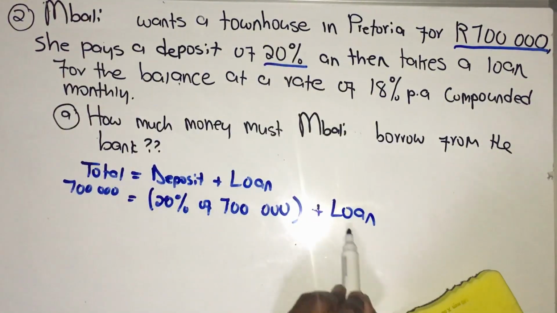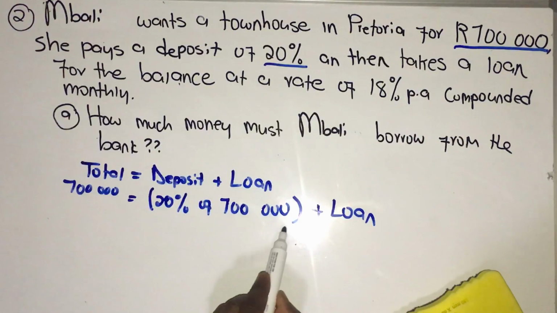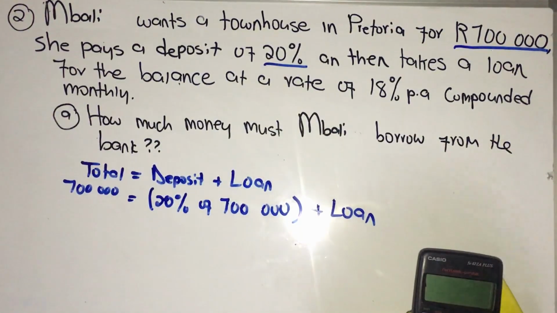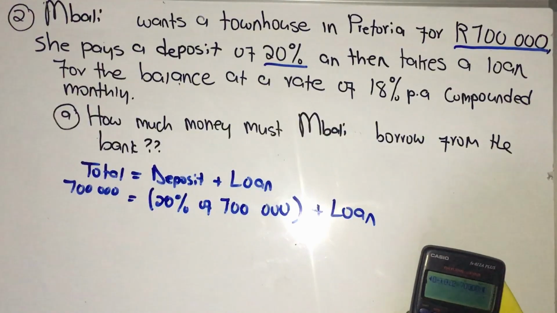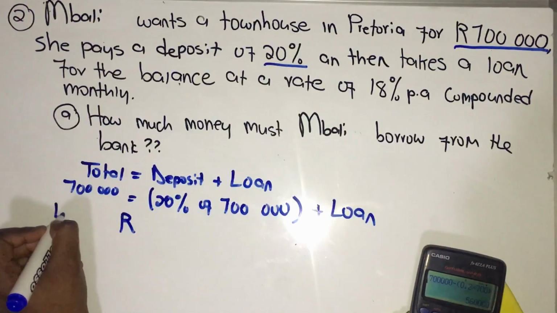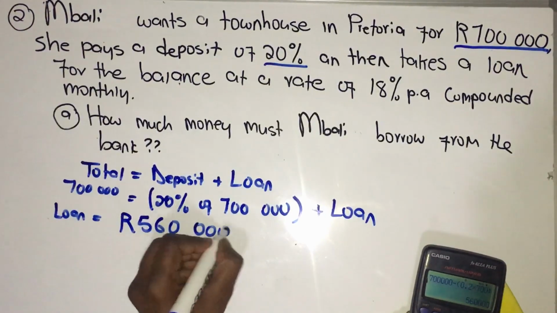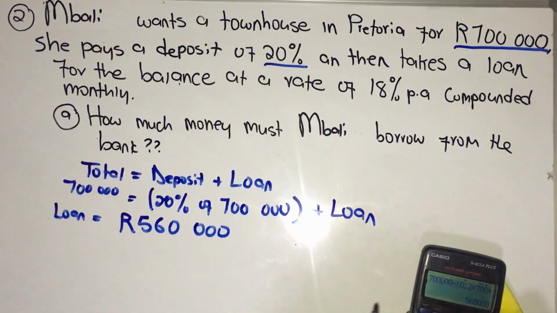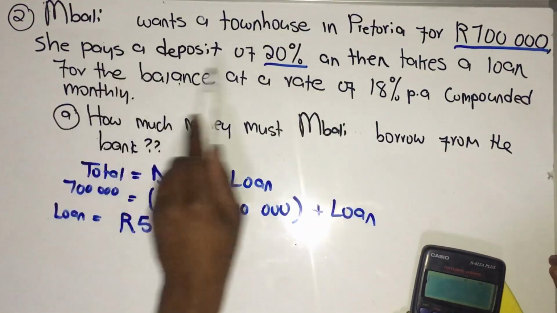So we can see that to find the loan amount, it's simply 700,000 minus 20% of 700,000. Okay, so that becomes 700,000 minus 0.2 multiplied by 700,000. So she's taking a loan of 560,000 rands.